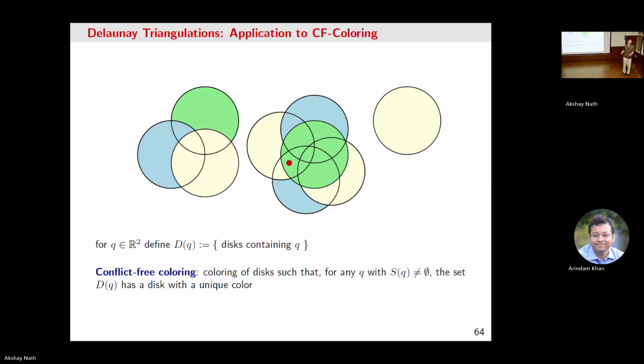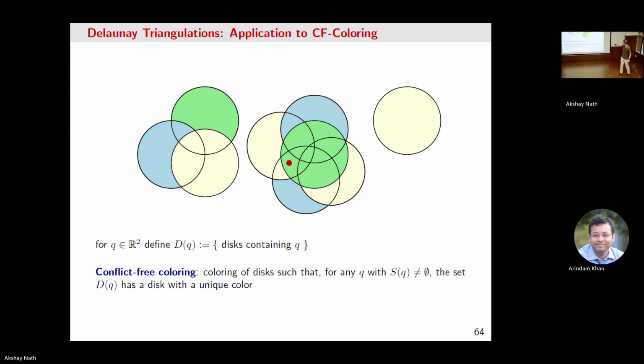But I hope you realize that can never happen, because the number of subsets is 2 to the n, but the total number of regions is at most n squared. You have at most n squared intersection points in this whole collection of disks.